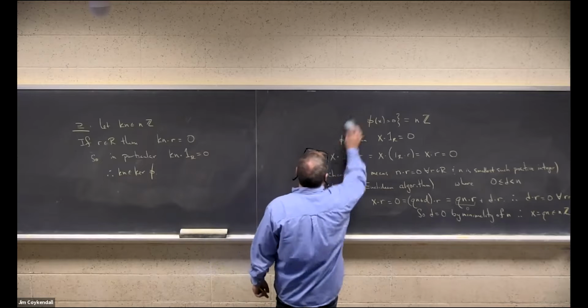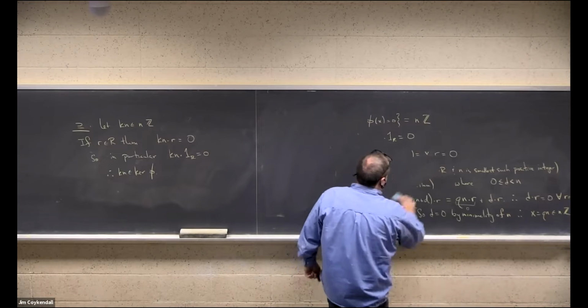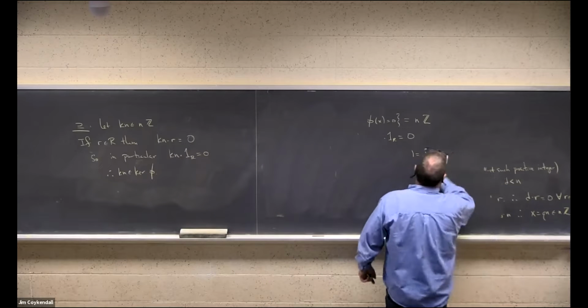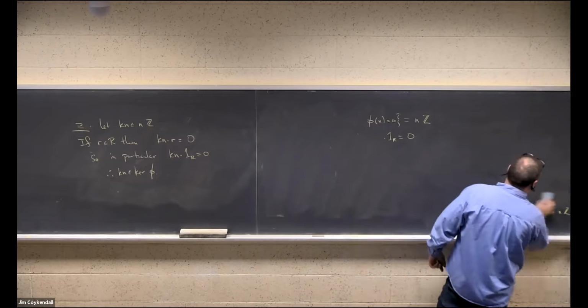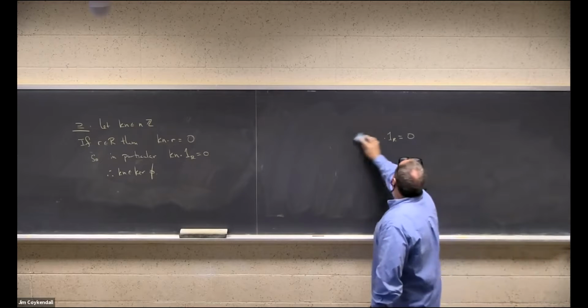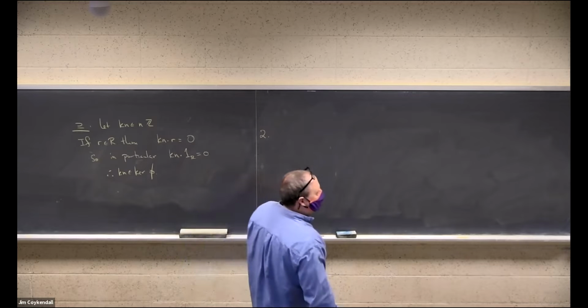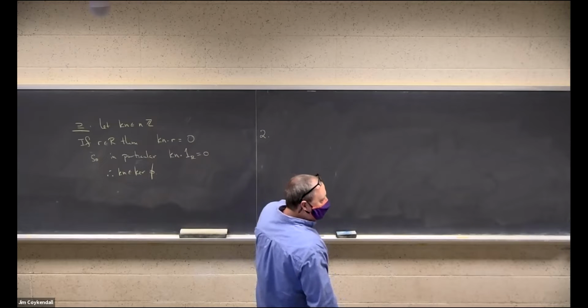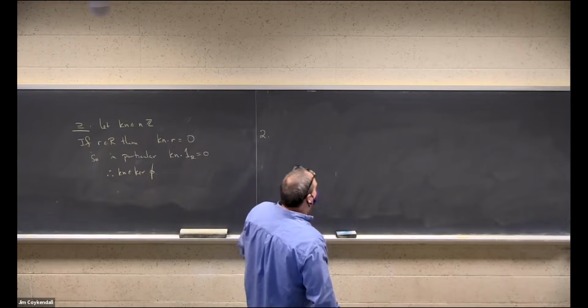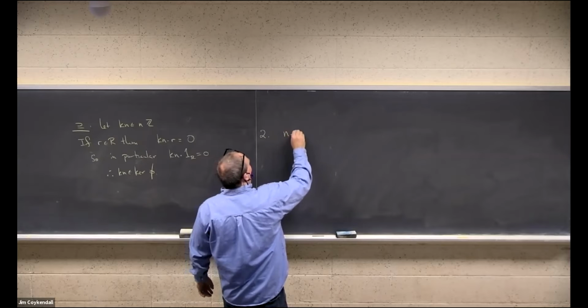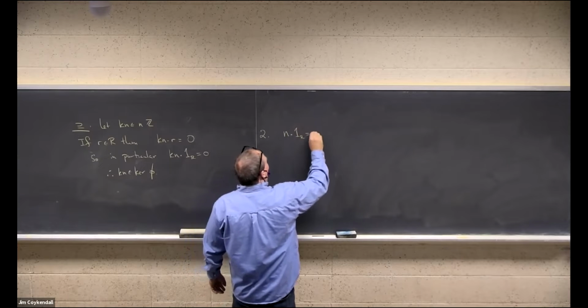Okay, how about statement 2? I think we can dispose of statement 2 quickly. See how that goes. Suppose n is the smallest positive integer such that n times 1r equals 0. Notice n times 1r is 0.